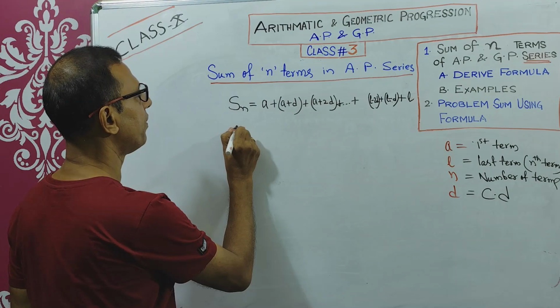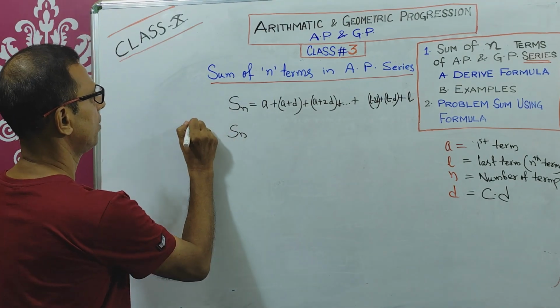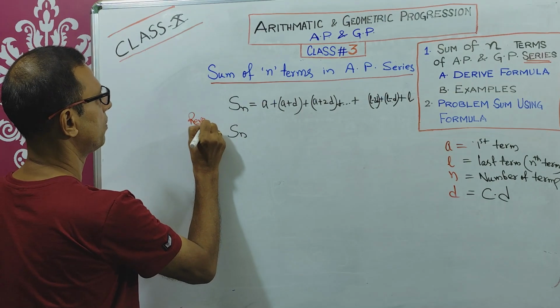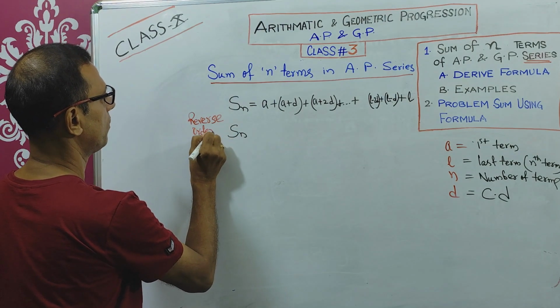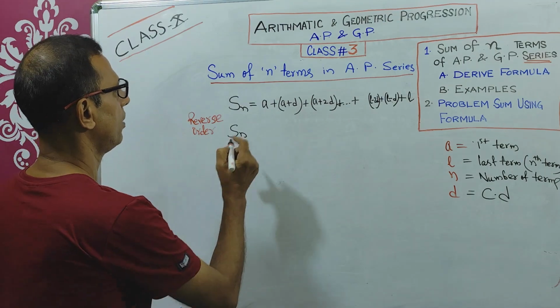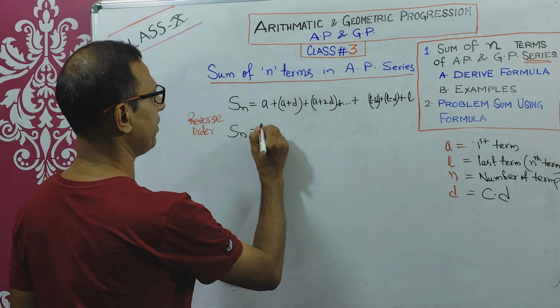Now I am reversing, so it is the reverse order. I am writing it in the reverse order. Sn equals, first will be L, I am writing in the reverse order.